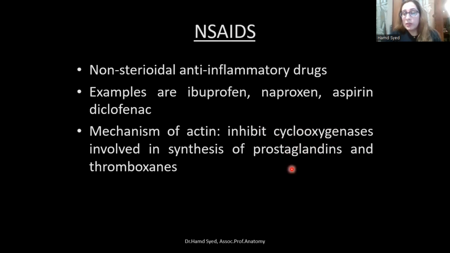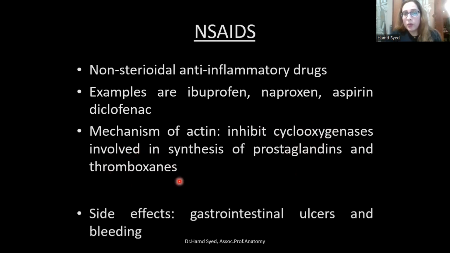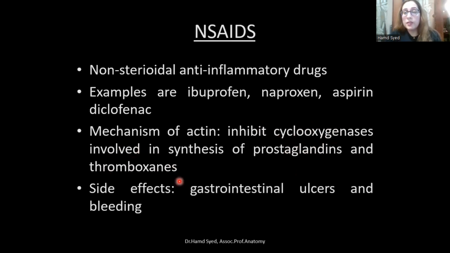Although this is their primary action, that they are anti-inflammatory, they also inhibit clotting by inhibiting these thromboxanes. So the side effect of these NSAIDs could be that they can cause bleeding in the gastric mucosa and also ulcer formation in the gastric mucosa.